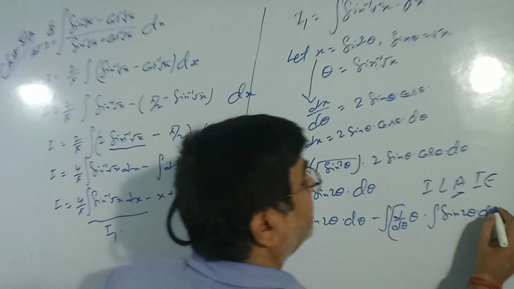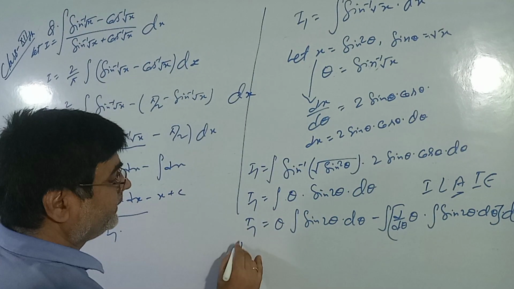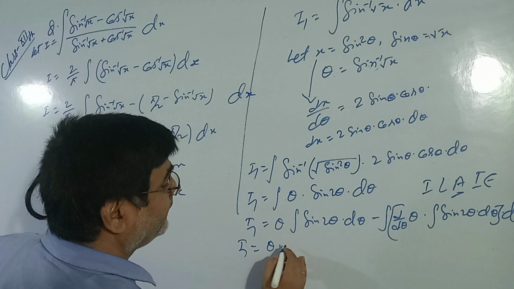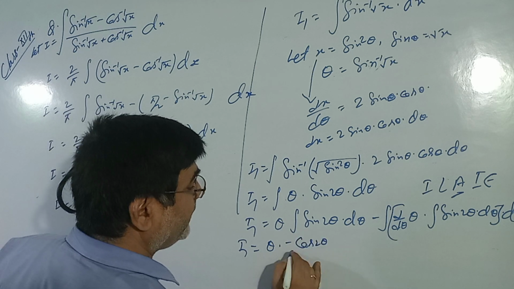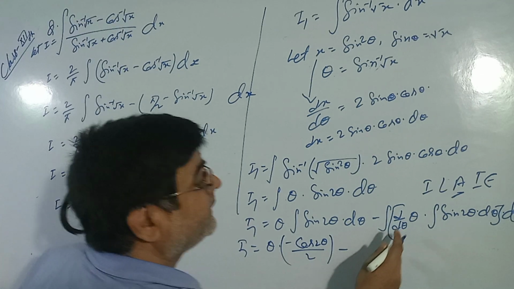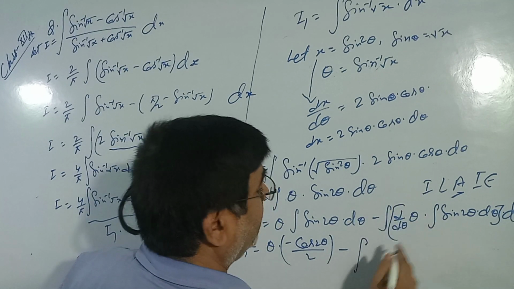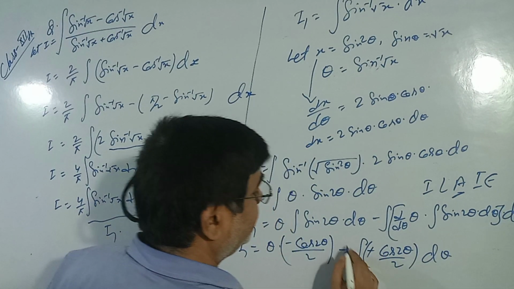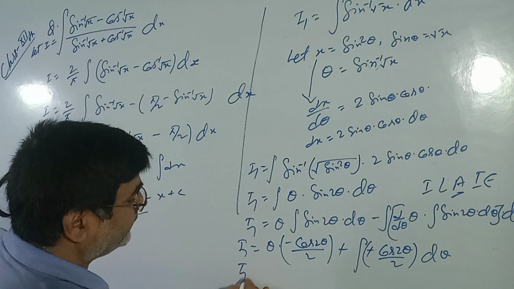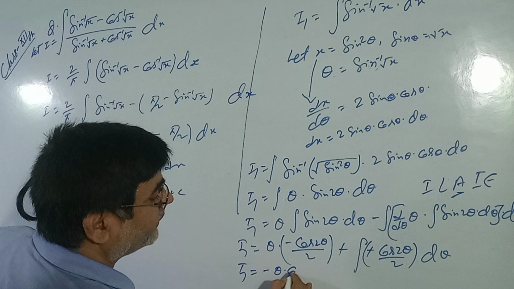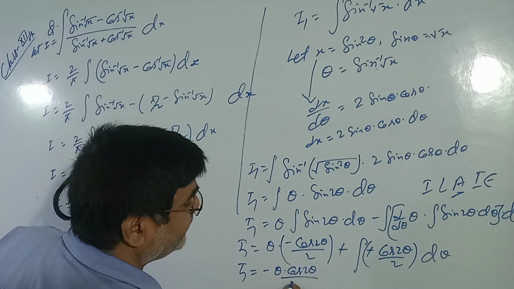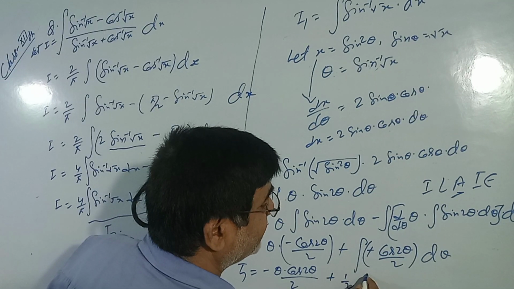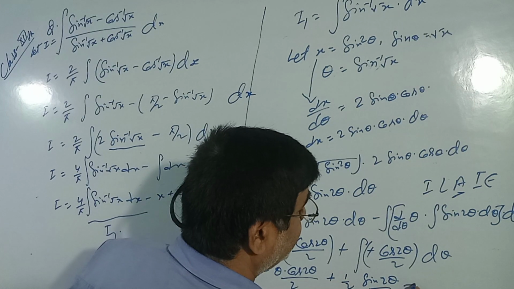So I1 equals theta times the integral of sin 2 theta, which is minus cos 2 theta by 2, minus the integral of the derivative of theta, which is 1, into minus cos 2 theta by 2 d theta. Minus minus is plus. So I1 equals minus theta cos 2 theta by 2 plus 1 by 2 times the integration of cos 2 theta, which is sin 2 theta by 2, plus c.